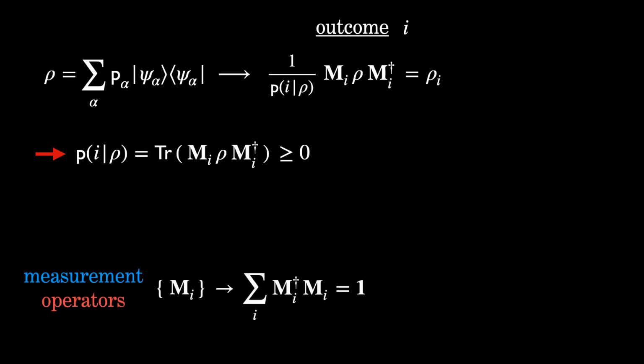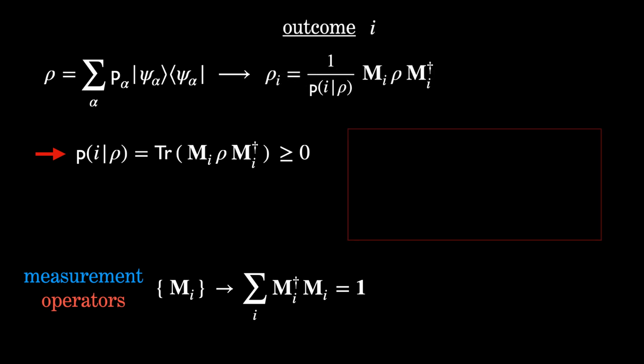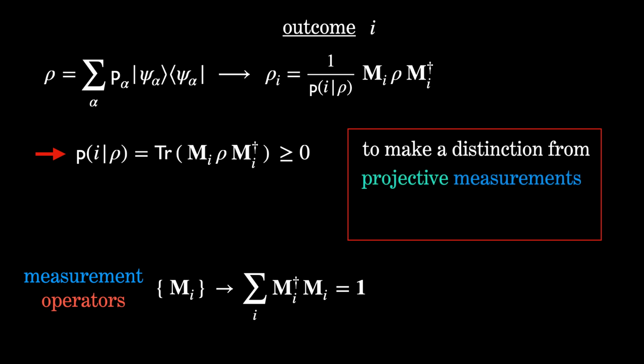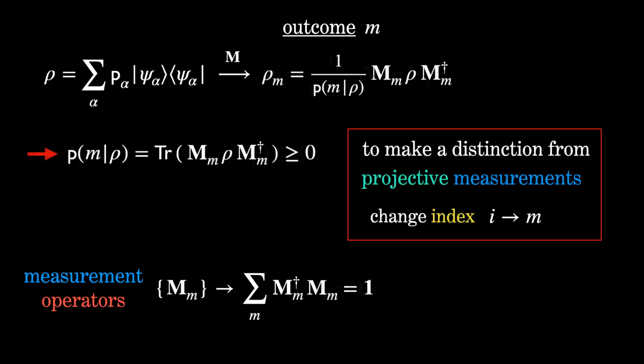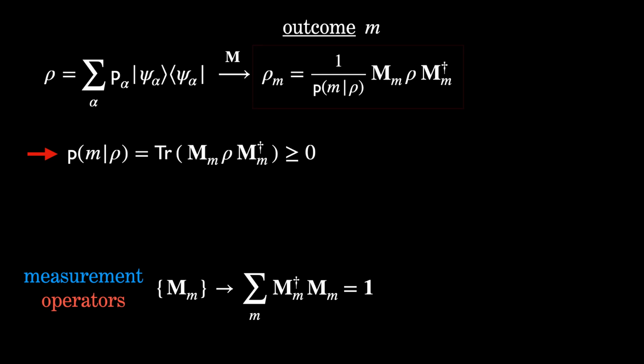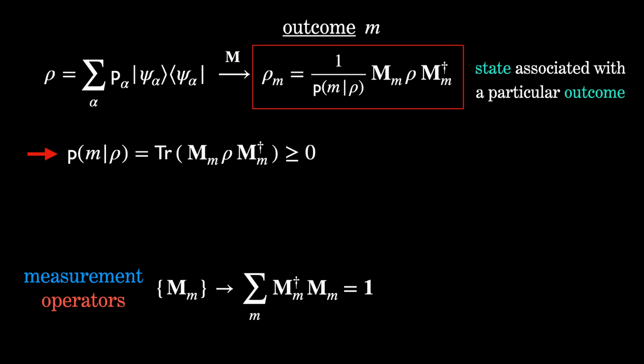Thus, we have the constraint for the measurement operators as required so that the probabilities sum to 1. To make a distinction from projective measurements, let's change the index i to m. The state in the red box is associated with a particular measurement outcome.